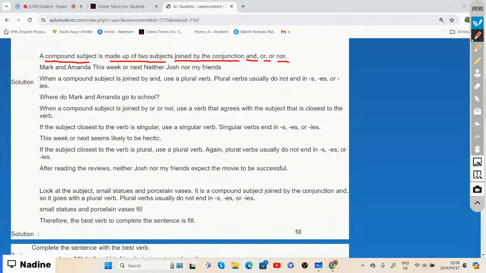Those are examples of compound subjects. And when a compound subject is joined by the word and, then we need to use a plural verb. And plural verbs usually do not end with s, es, or ies.